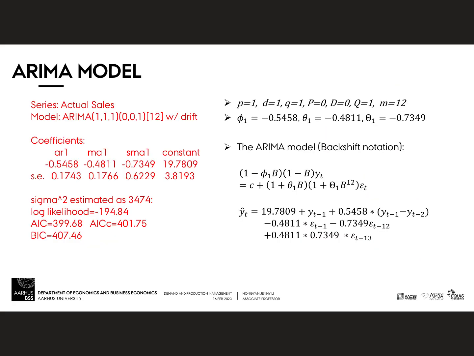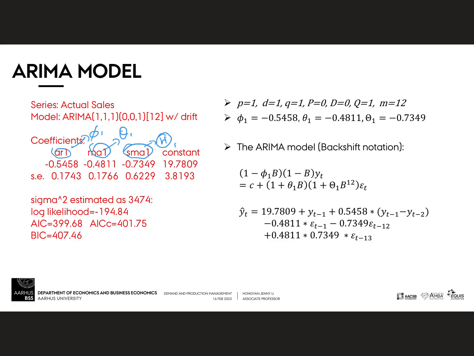So we can further explain the output of a seasonal ARIMA model. AR1 is phi 1. This is theta 1. And the seasonal moving average is actually capital theta 1.